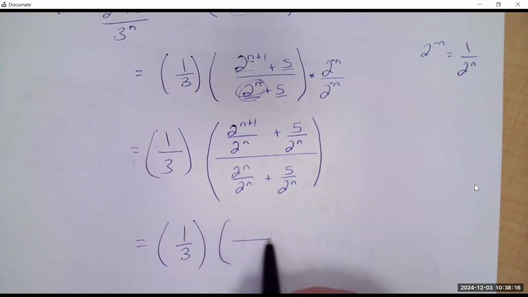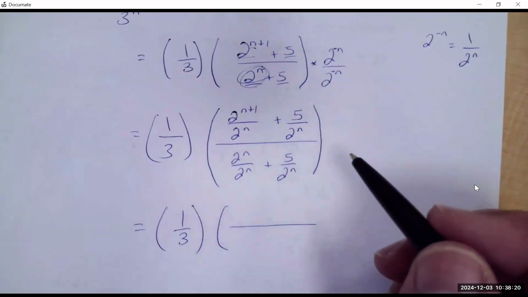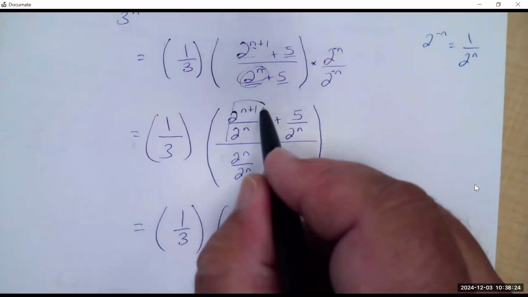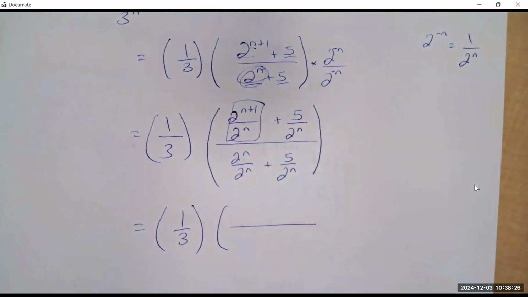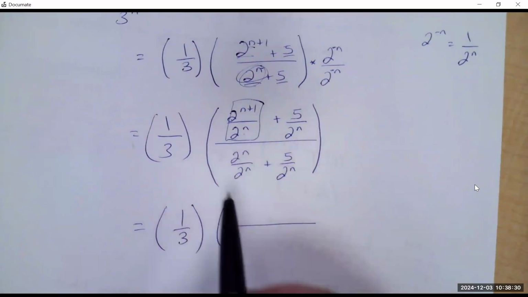So what happens here? I have 2^{n+1} over 2^n.